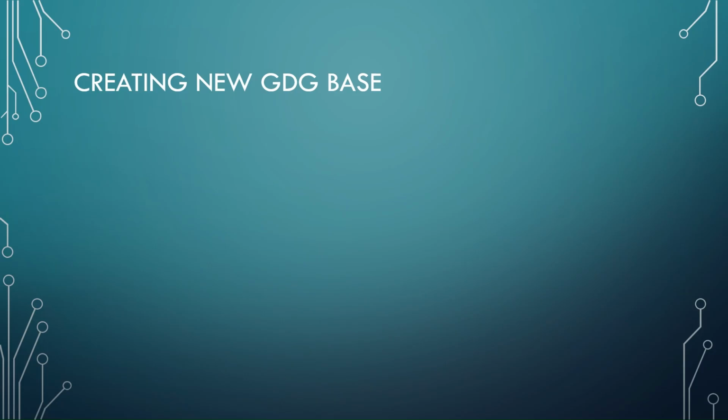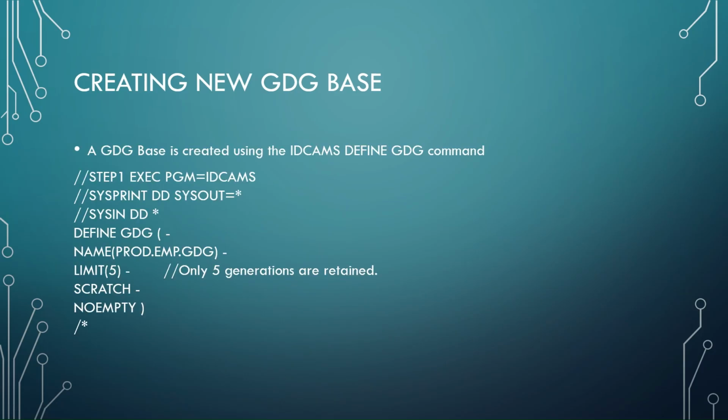Creating a new GDG base. Before using GDG, we must first create the GDG base. This is done using IDCAMS and the DEFINE GDG command. In this example, the name specifies the GDG base name. Limit specifies how many generations can be retained.